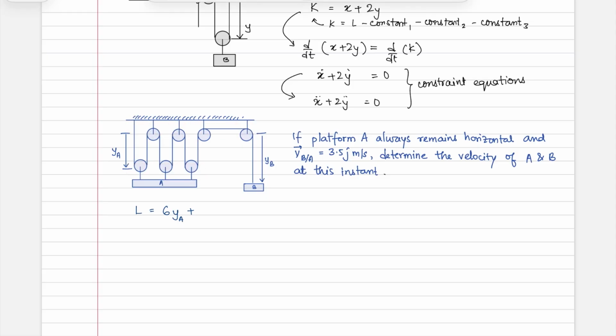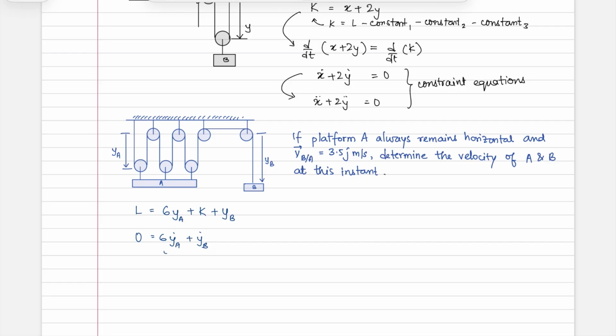There's all those constants captured. I'm going to write that as K, plus you have this as YB. And if I were to now differentiate this, I would then get 0 is equal to, and essentially the constant also goes to 0 if you differentiate it. So you get 6YA dot plus YB dot is equal to 0.